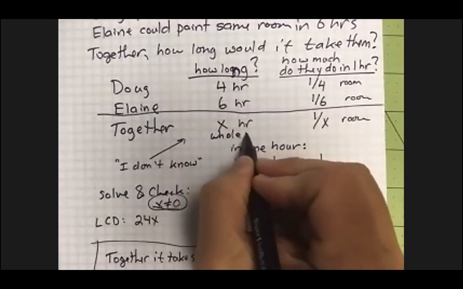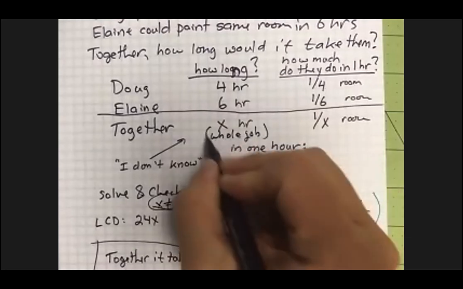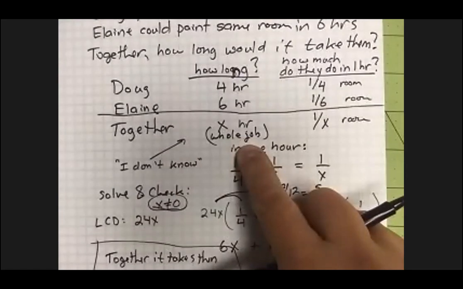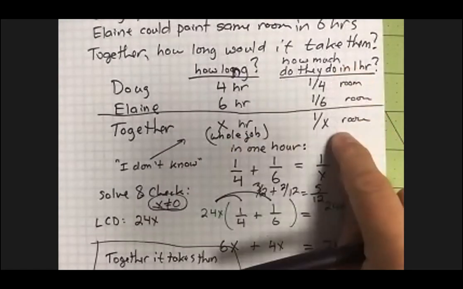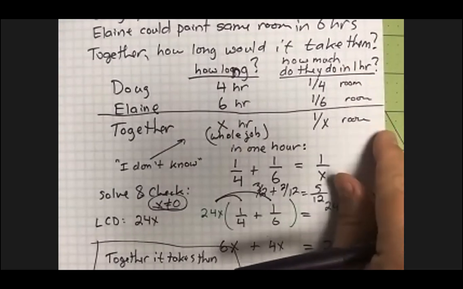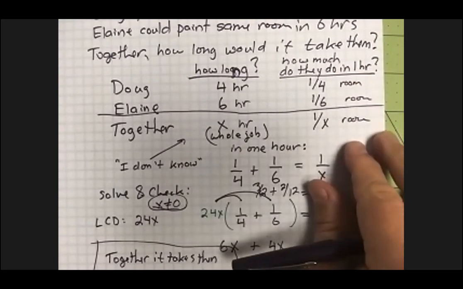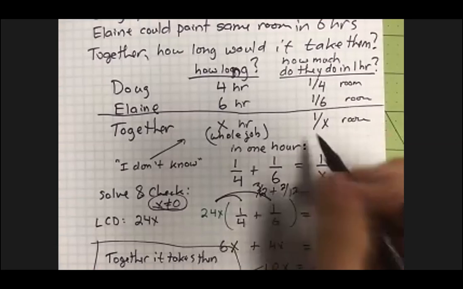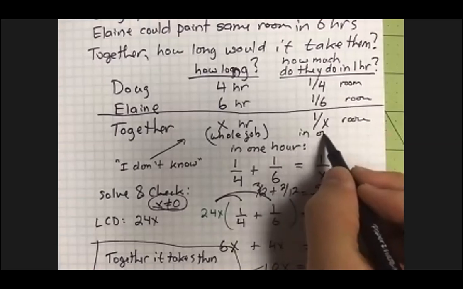This was the whole job. Then find out how much it takes them to do in 1 hour. What part of the job do they do in 1 hour? Or 1 day, or 1 minute, or 1 year, whatever is the time units you're using. This was in 1 hour.